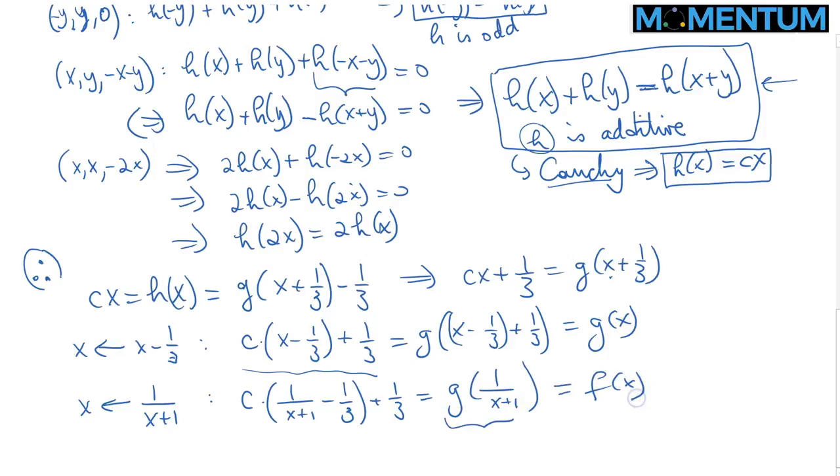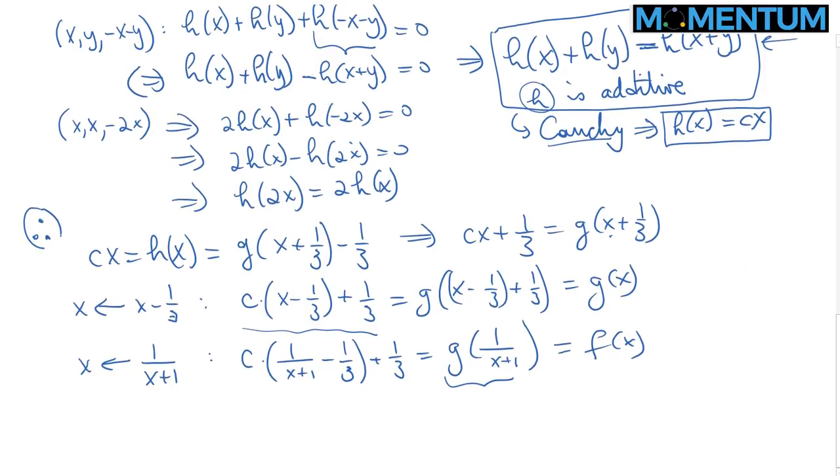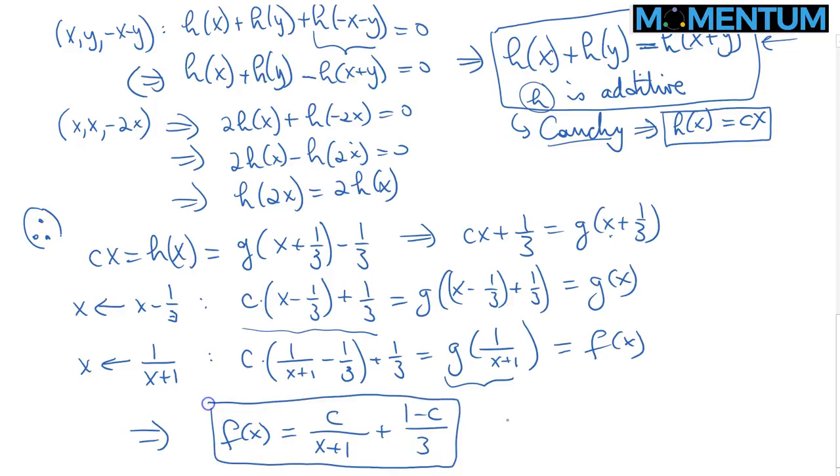So long story short, f of x is simply equal to c over x plus 1 plus 1 minus c over 3 for all x in the region 0 to infinity. So that's the closed form solution. All functions f that satisfy the given initial functional equation are of this form.